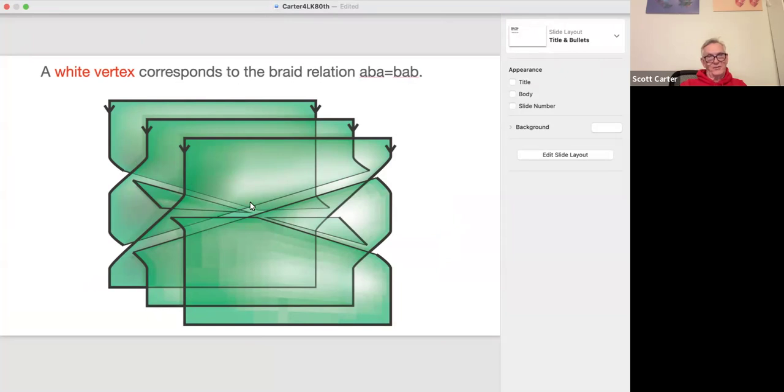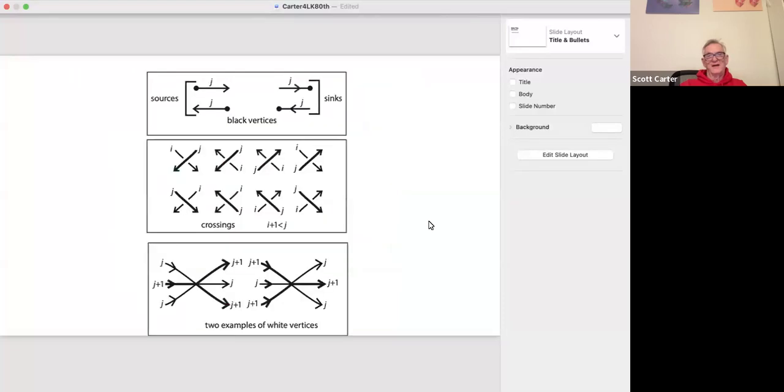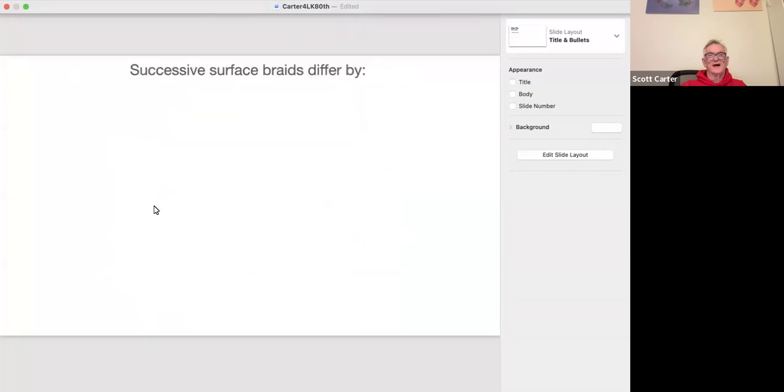Of course, the point is not a triple point in 4-space. It's a triple point when we project it into 3-space. We also have type 2 moves, and this is just a brief discussion of the things that can occur in charts. We have black vertices, crossings, and white vertices. These are the same things that Seiichi would draw, but I've chosen different conventions for drawing them.